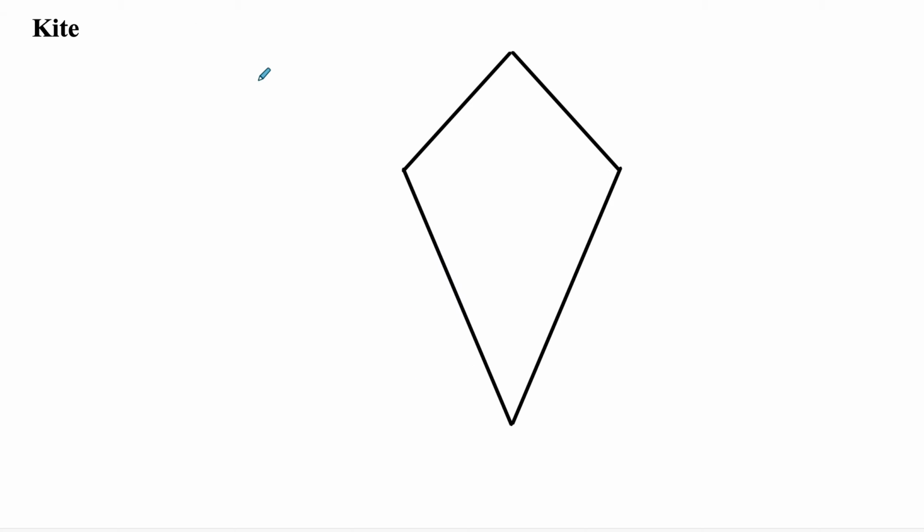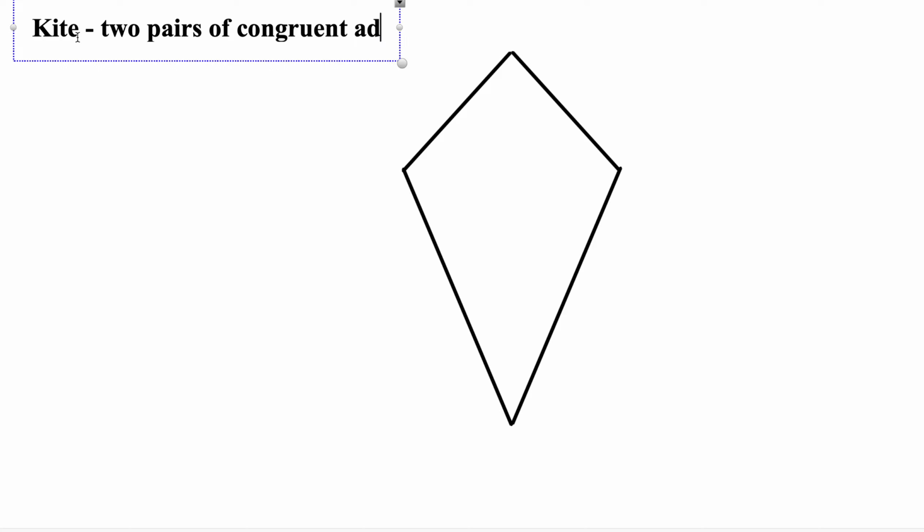Okay, so this gets us to our first special quadrilateral, which is a kite, and that is formed by two pairs of congruent adjacent sides. That is by definition what a kite is.